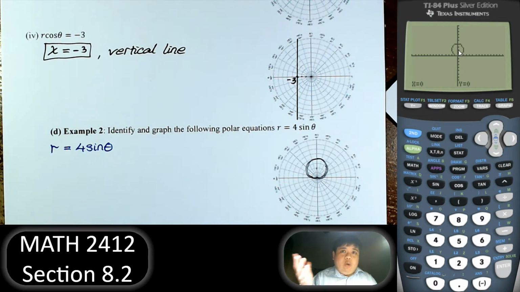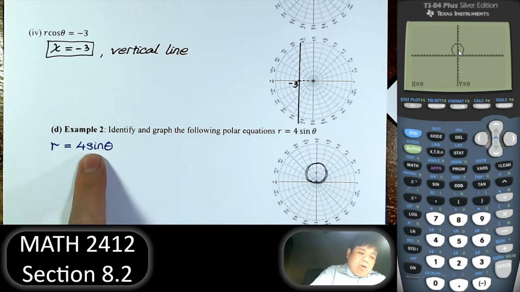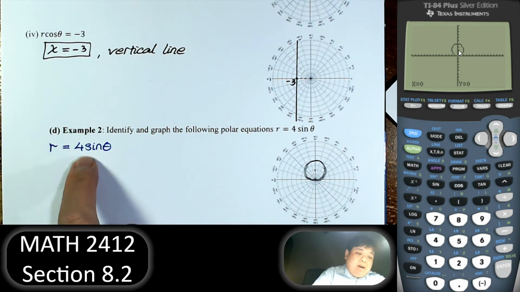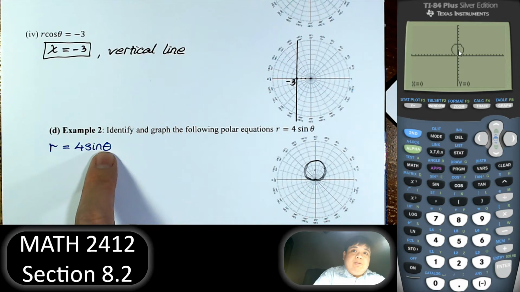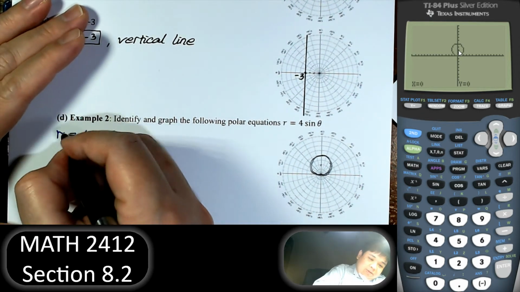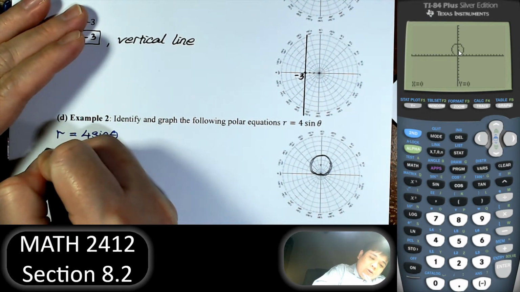So we can use only those. Right, now we have sine. It would be nice if we have r there, right? So why don't we multiply by r on both sides?